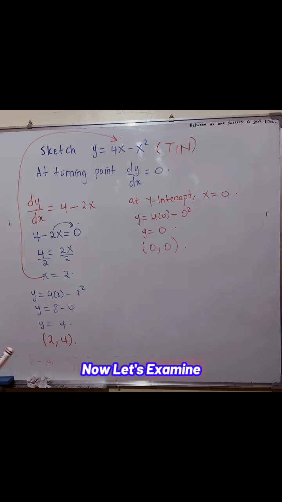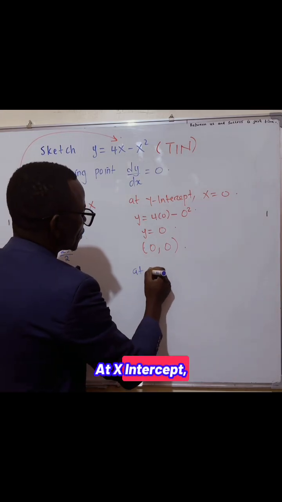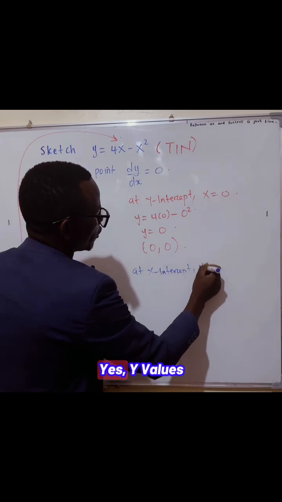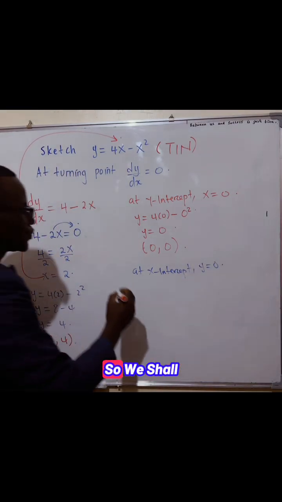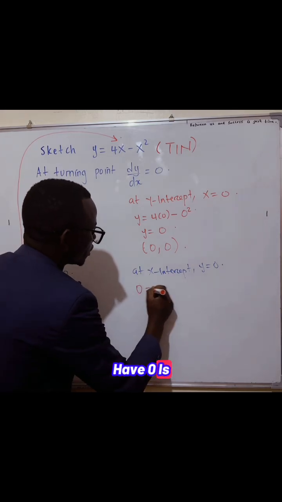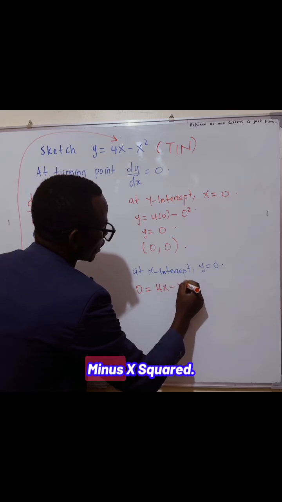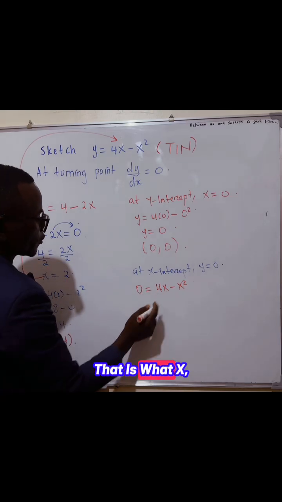Now, let's examine what happens at the x intercept. Remember, at x intercept, y values are always equal to what? 0. So we shall have 0 is equal to 4x minus x squared. Now I realize that there is a common factor, that is what? x.